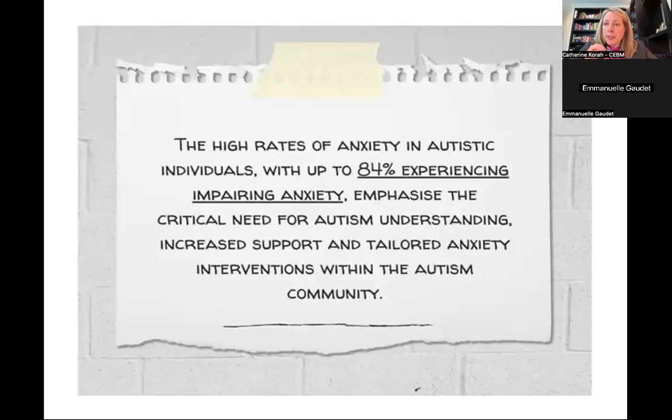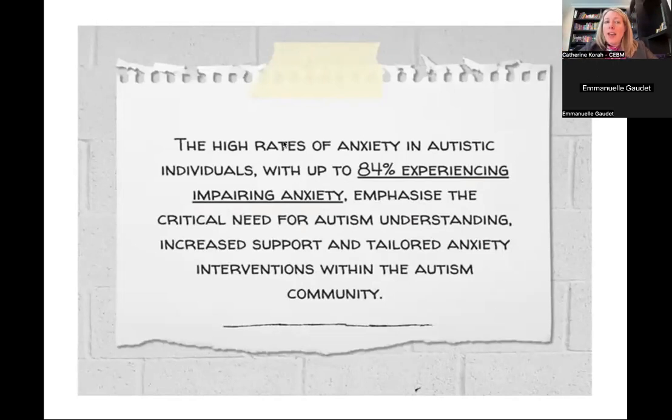We know statistically that our autistic individuals, and I would widen that to our neurodiverse population, have a big discrepancy, compared to neurotypical individuals, in their impairing experience of anxiety.